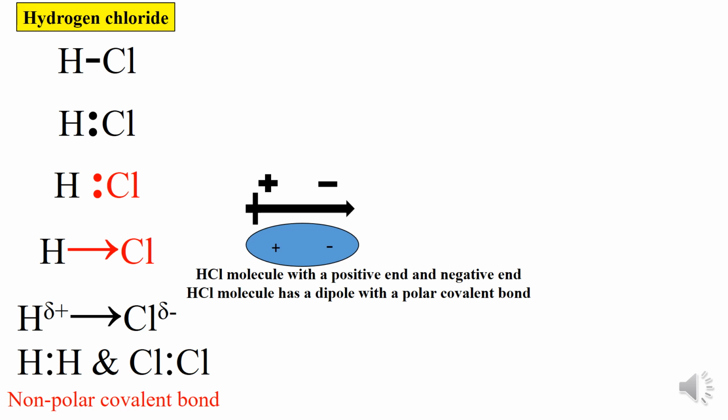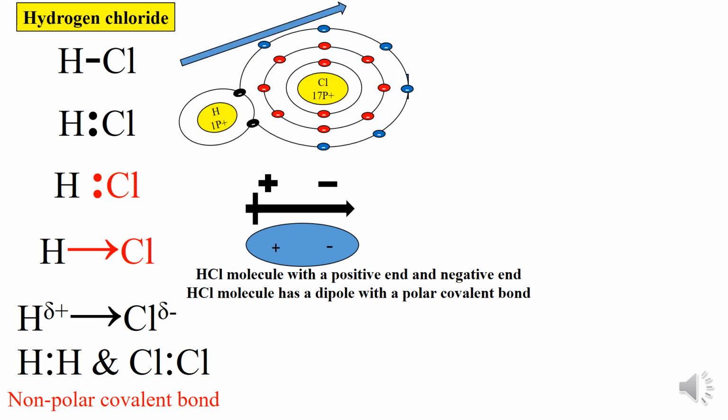So the covalent bond is non-polar in case of homoatomic molecules like hydrogen and chlorine, and the electrons are equally shared between the atoms involved in the covalent bond formation, and both the atoms held by covalent bond, they are identical with similar electronegativity values, and therefore homoatomic molecules are non-polar in nature. They have a non-polar covalent bond.